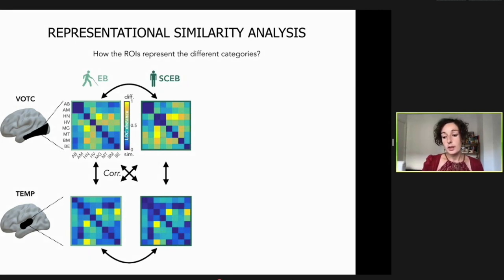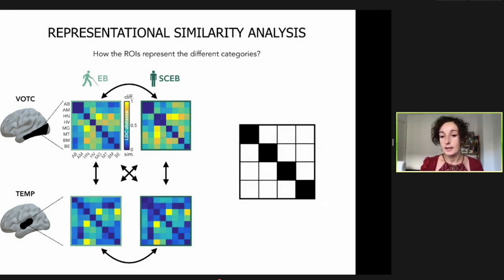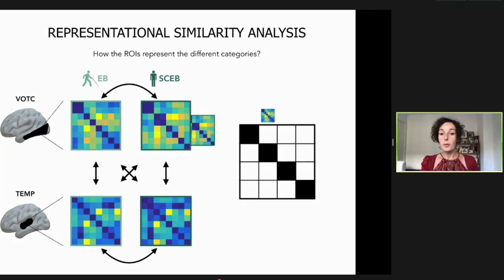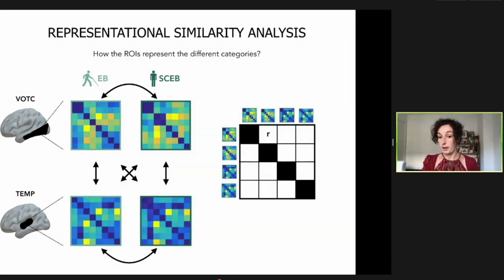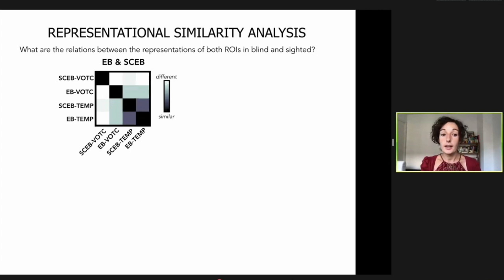So to do that, we created a second-order dissimilarity matrix, including all these comparisons. For instance, the comparisons between the representation of VOTC in early blind with the representation of VOTC in the sighted controls. And then, in the same way, we included all the other possible comparisons. And we get this kind of matrix.